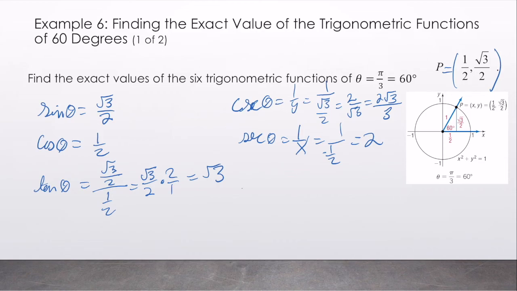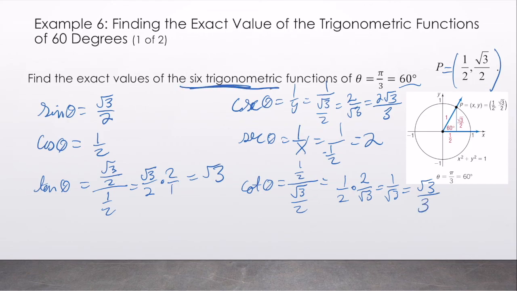And then if I have the cotangent of theta, when theta is 60 degrees, if I have x is 1/2, y is square root of 3 over 2, that gives me 1/2 times 2 over the square root of 3, which is 1 over the square root of 3, which becomes square root of 3 over 3. So those are the 6 trigonometric values of when theta is 60 degrees or pi over 3.